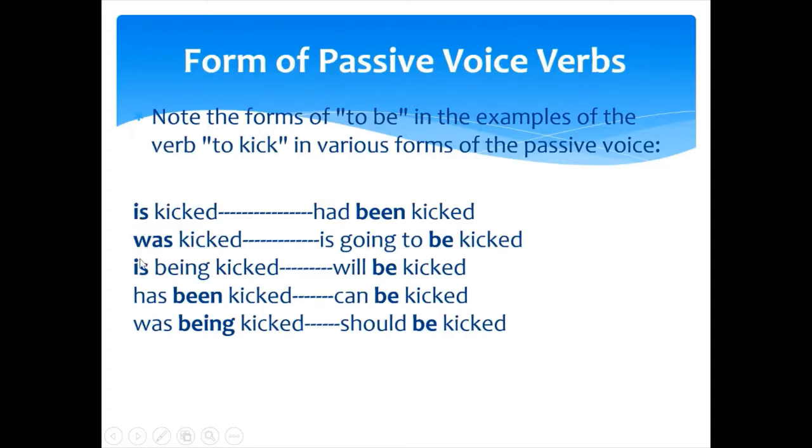Is being kicked, will be kicked. Has been kicked will be changed to can be kicked. Was being kicked will be changed to should be kicked. Now, it's not necessary that you learn a verb list like this, but when you start writing, these changes will come to you automatically.